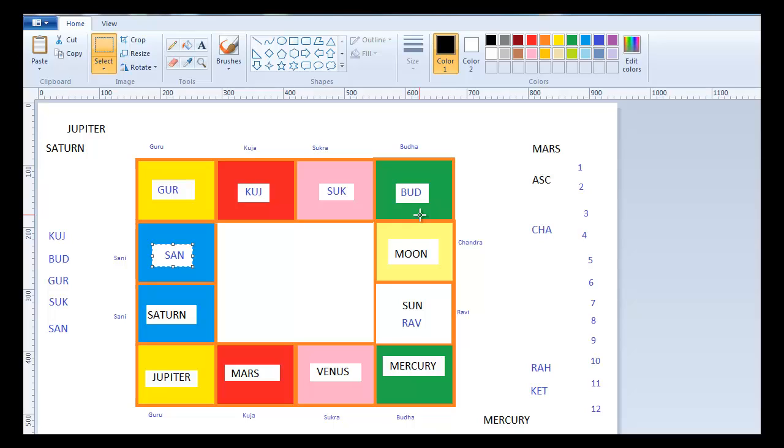This is the simplest way to learn the lords of each sign. So now you can recall this sign is Pisces, and Pisces is owned by Jupiter. This sign is Sagittarius or Dhanus, which is owned by Jupiter. This one is Taurus, owned by Venus.